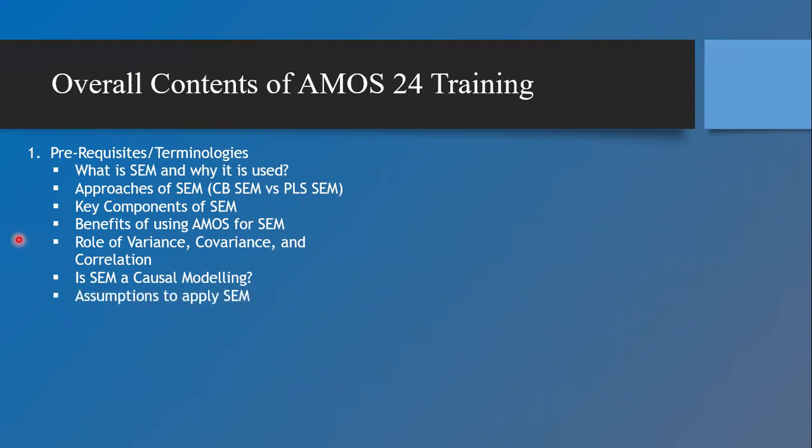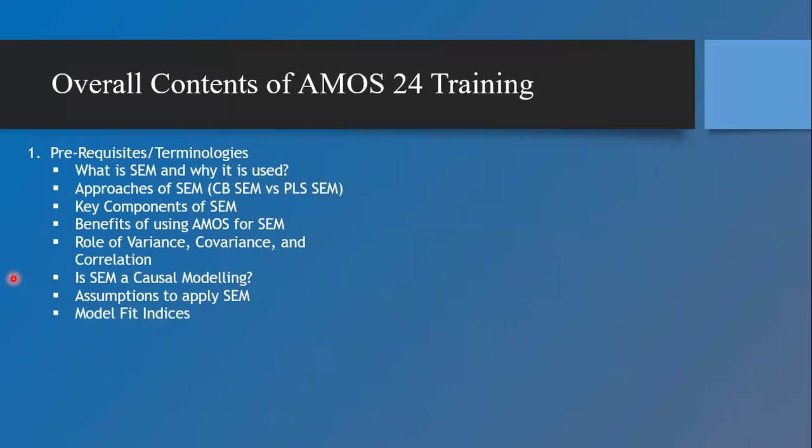Then I will discuss some assumptions of structural equation modeling which you need to understand before analyzing your data using AMOS 24. These are the theoretical aspects that we are going to cover today and tomorrow. Half of these contents we will cover today, and the remaining part tomorrow.